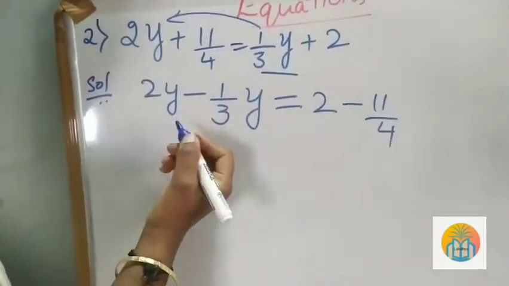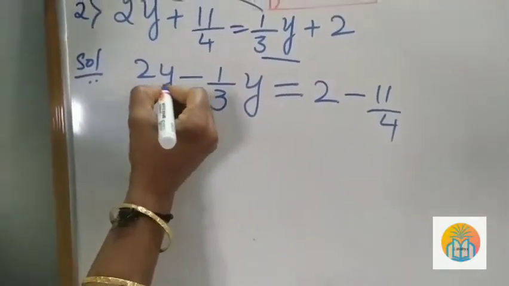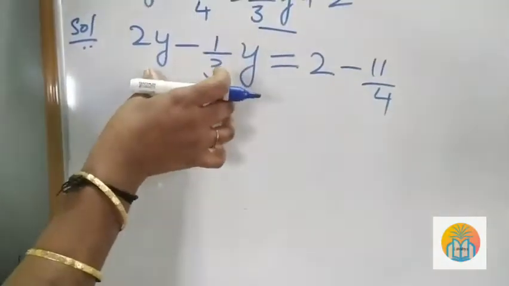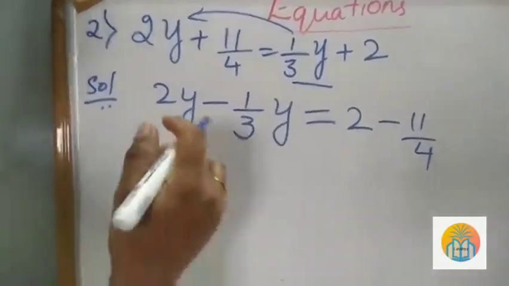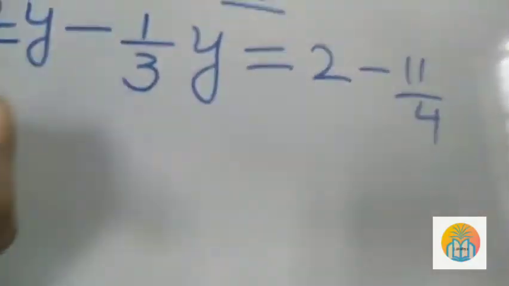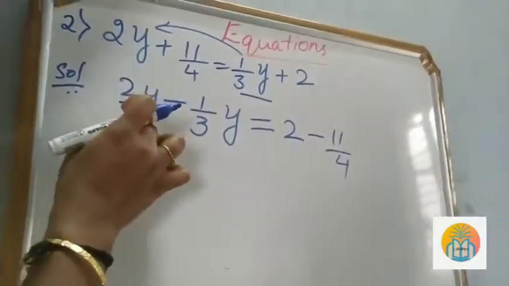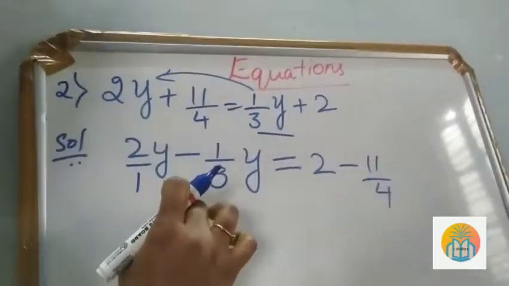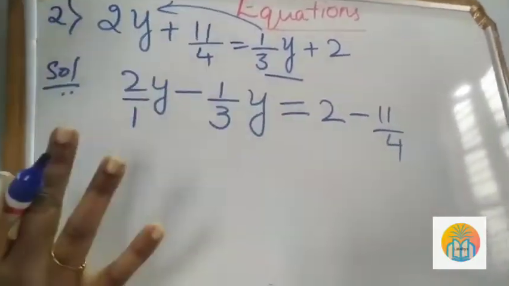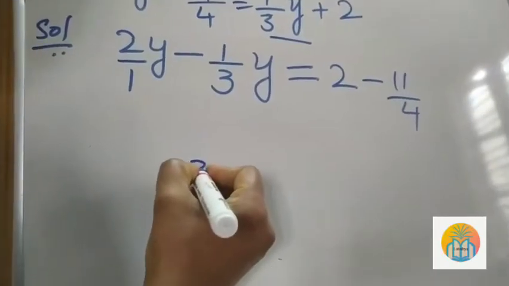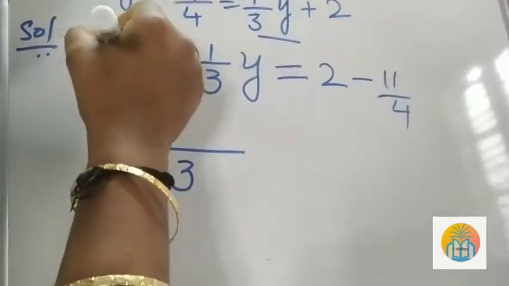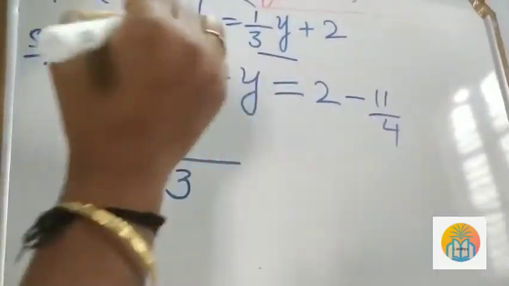Transposing the numbers towards one side and the variable towards the other side. Now we have 2y minus 1 by 3y. We have to subtract these two terms, but one is a fraction and one is a whole number, which is not possible. So we take the LCM, or we make the denominators the same. Here the LCM is 3. So it is 2 by 1 and 1 by 3. The LCM is 3.